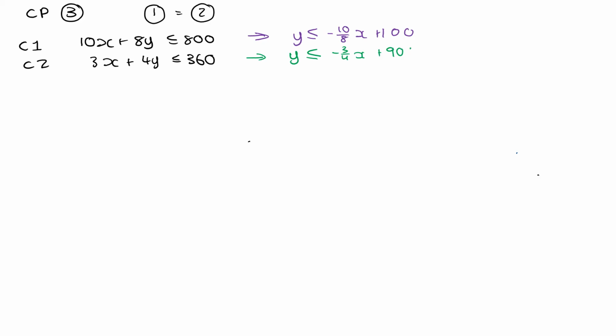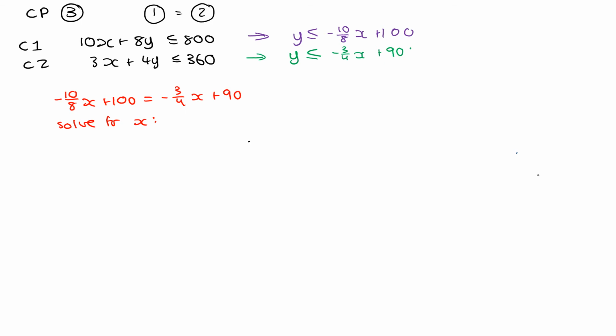In other words, the y values are the same. So we can take minus 10 upon 8x plus 100 as equal to minus 3 upon 4x plus 90, and then solve for the x value. We put all the x's on one side and all the constants on the other.